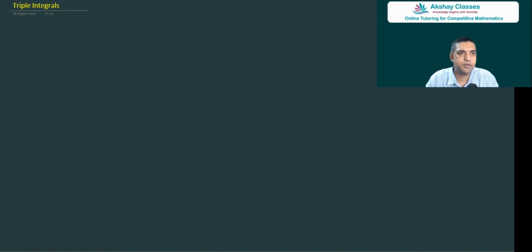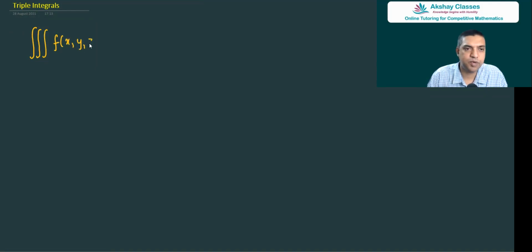Now let's work with triple integrals. Just like the double integral. Now triple integral, it's not just talking about volume, it's a higher dimension. Triple integral of f of x comma y comma z dv. This will be over volume.